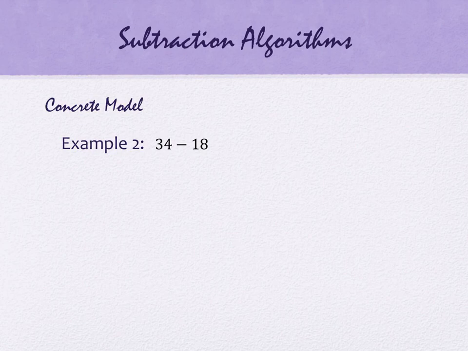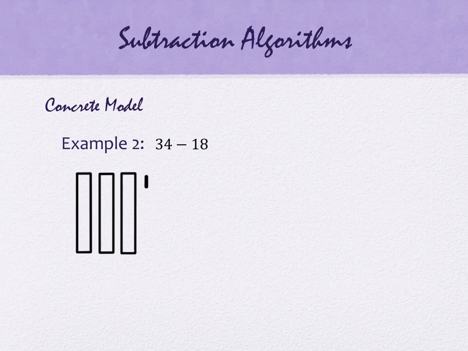So if I've got 34, I'm going to represent that as longs and units. And if I had a 3-digit number, I'd use flats and such too. So this is 34: 1, 2, 3 longs, and then we've got 4 units. We're going to think of it much like a takeaway.